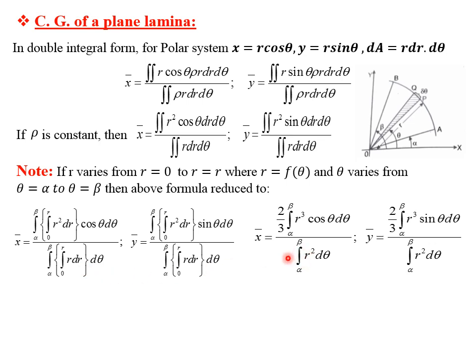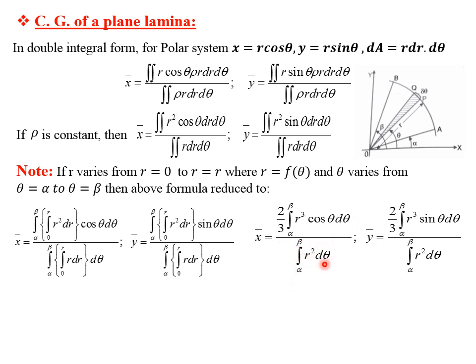So we'll get 1 upon 2 outside of this bracket, that has been converted in a 2 by 3 in this form. So finally at the end we are getting x bar is equal to 2 by 3 integration from alpha to beta r cube into cos theta d theta, whole divided by integration from alpha to beta r square d theta.